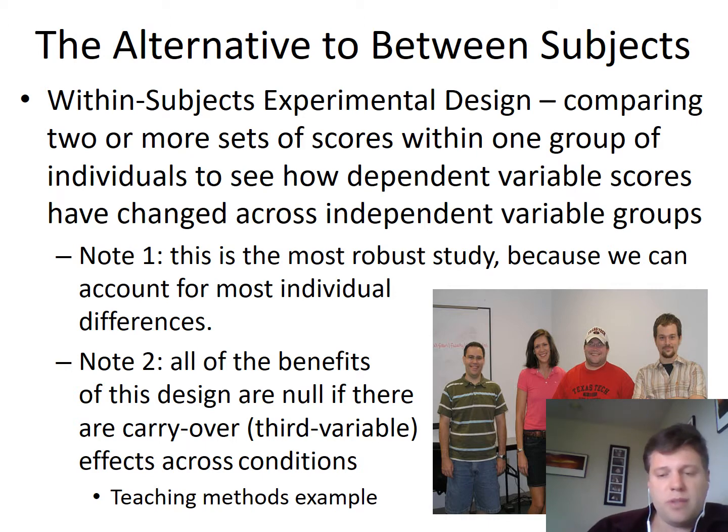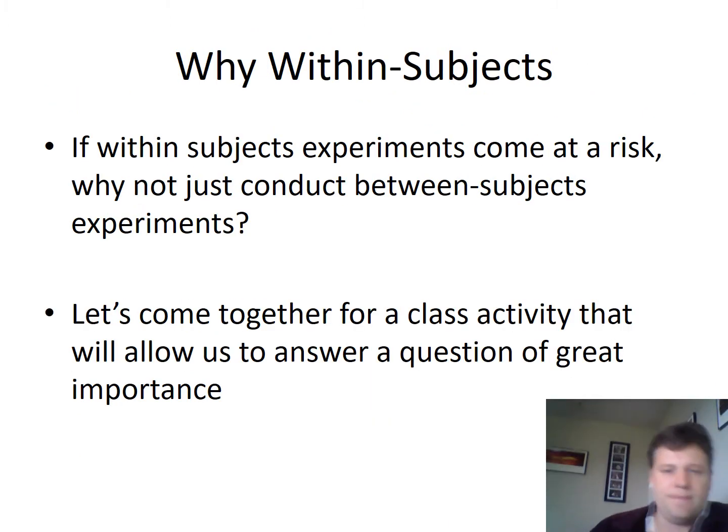I was going to mention on this slide that these benefits, having more statistical help and needing fewer samples, are all nullified if you have some third variable that impacts things. To see how valuable this was, we were going to go to this slide, and then I was going to fast forward to an activity that we were going to do in class.